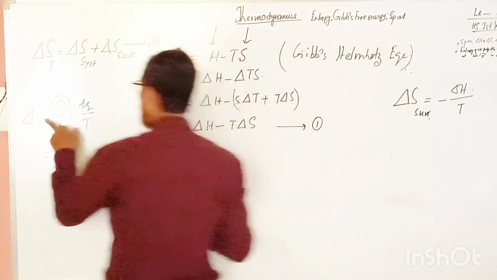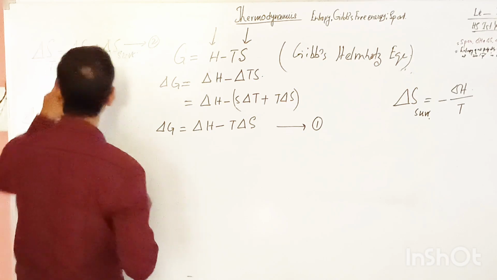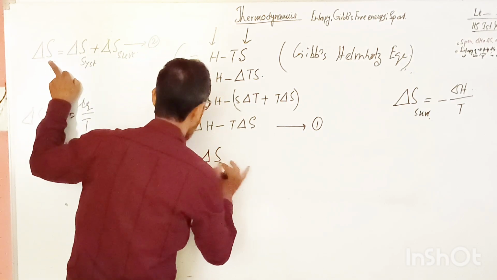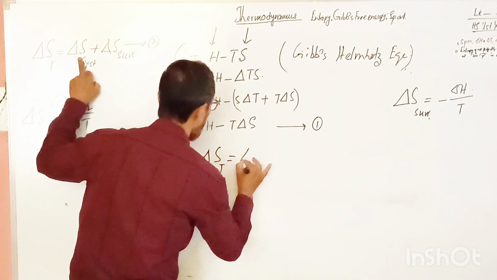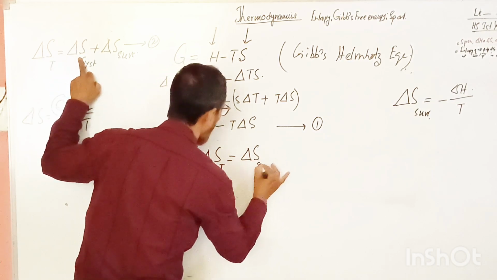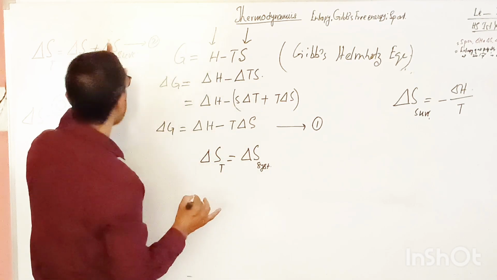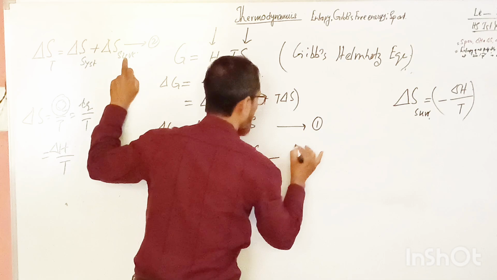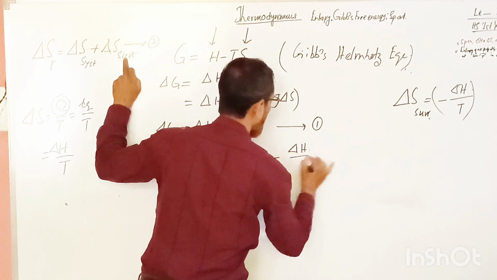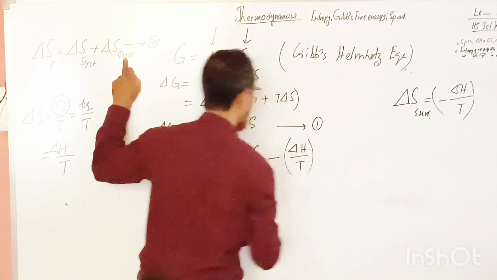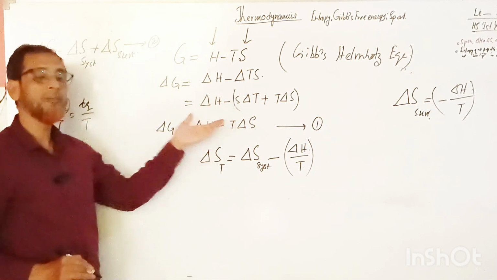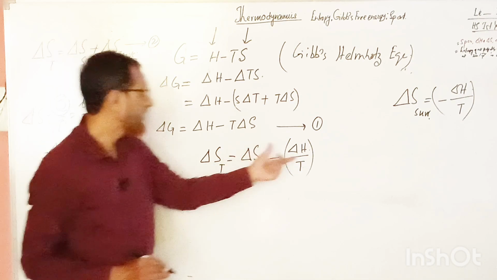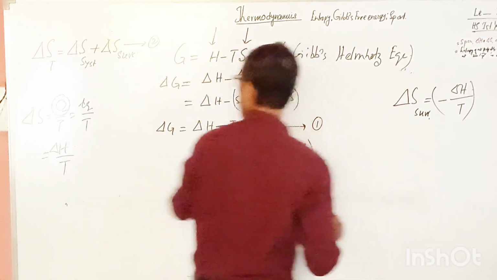So the total entropy is equal to the entropy of the system plus the entropy of the surrounding. In equilibrium, if one is increased, the other is decreased. This is the entropy of the system and this is the entropy of the surrounding.